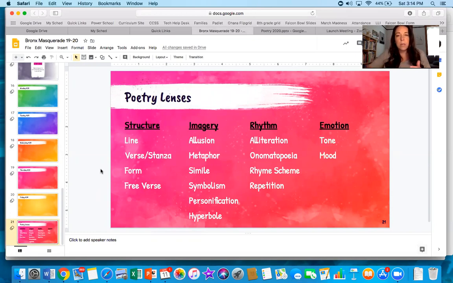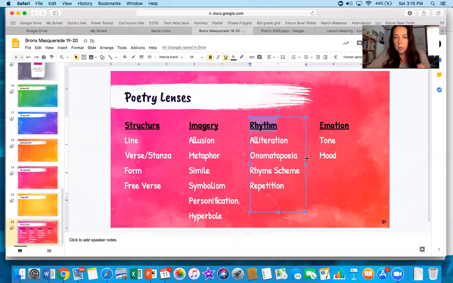On the second read, we're going to look at how the author uses rhythm, and we're going to specifically look for some alliteration in this poem and any sounds that the author is using to create good poetry. We're also going to focus on imagery for the third read, and specifically allusion. So we're going to be talking about imagery and allusion.